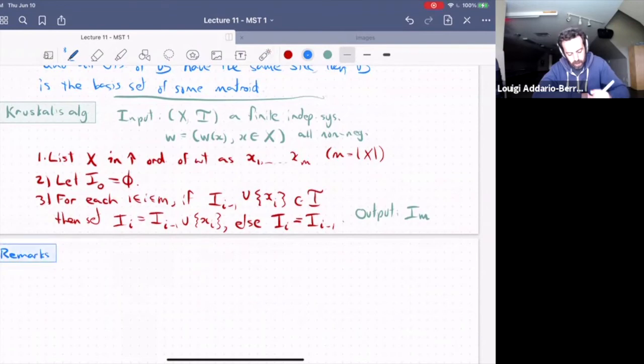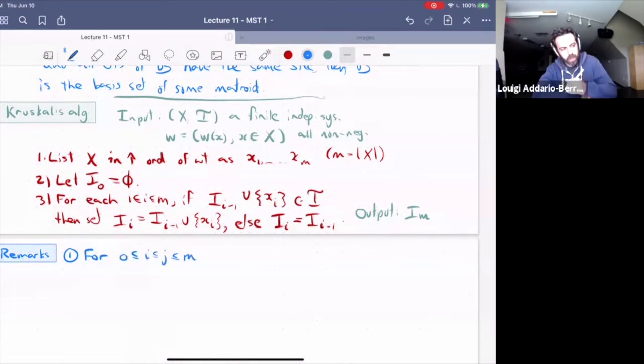So the first is that if I look at one of the things that wasn't added. If I look at indices i and j between 0 and m, if xi is not an element of Ij, that means xi wasn't added when it was considered by Kruskal's algorithm.